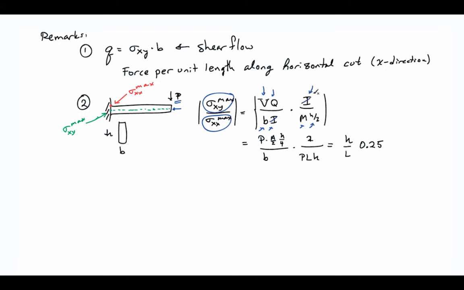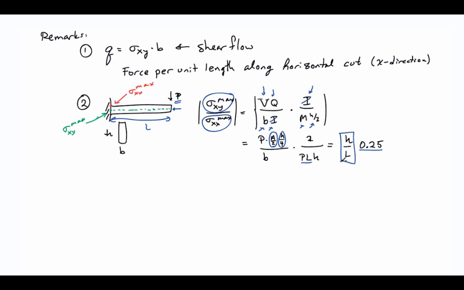If I plug in, Q at y equals 0 is going to be A over 2, half the area, times h over 4. And the maximum moment is P times L if the length of the beam is L. So lots of terms cancel. If I note that A is equal to b times h, I end up with 1/4 times h over L.